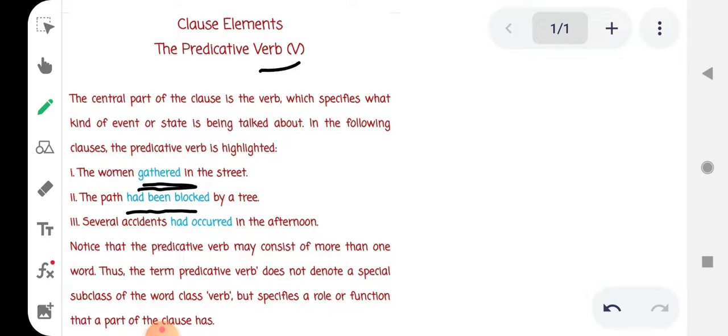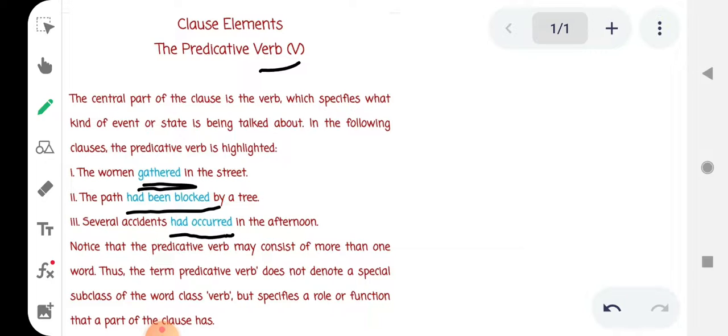In the second sentence, the path had been blocked by a tree. This is the verb here. And in the third sentence, several accidents had occurred in the afternoon. So the blue colored words are the verbs in the sentences.